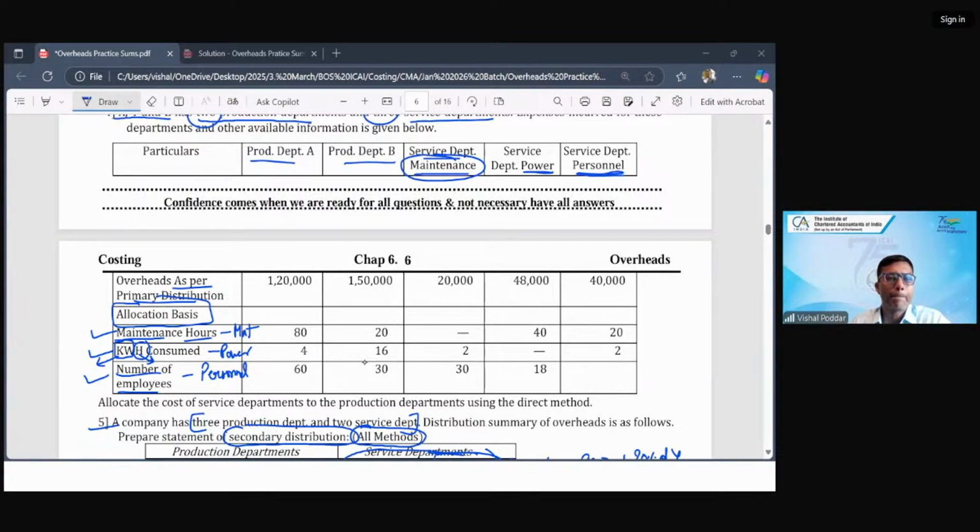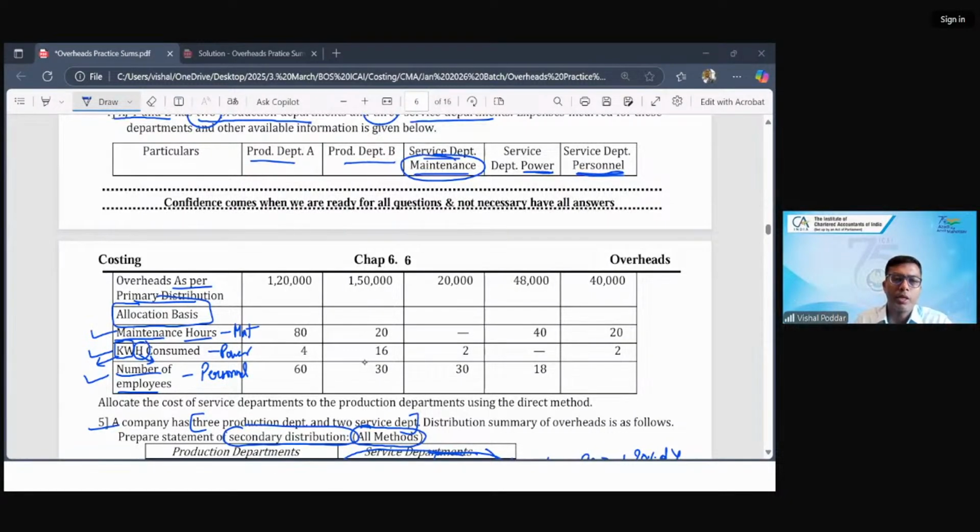No, Bunty. But a method is next. What is the approach? There are 3 approaches, Ishwarya. Direct, step ladder, or reciprocal. Yes, Meenu. Correct. Students, yes, Shamli. The answer is the scenario in the question is reciprocal.